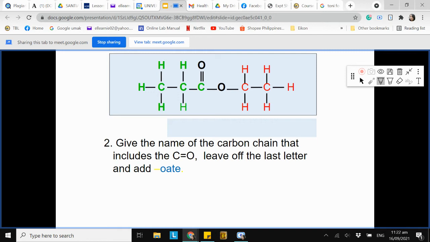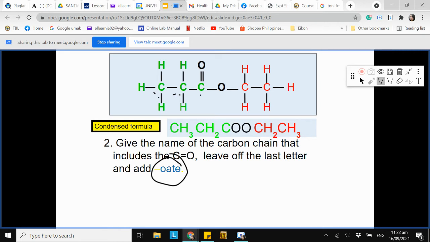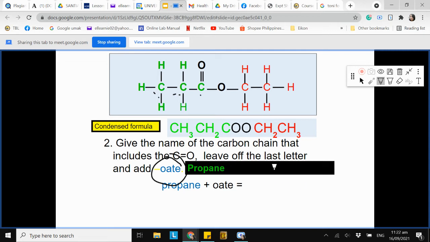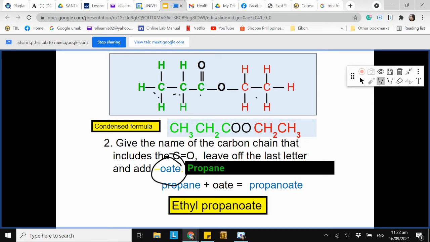And then the second one is the other side with the double bond oxygen. You count that, and the ending is -oate. So since there are 1, 2, 3 carbons, it's named propane, and since it has the O, this becomes propanoate. If you combine the earlier one and this one, this is ethyl and this is propanoate, so the compound name is ethyl propanoate.